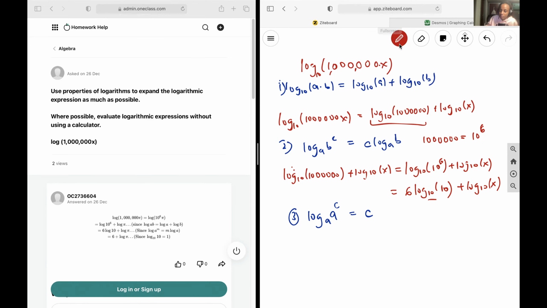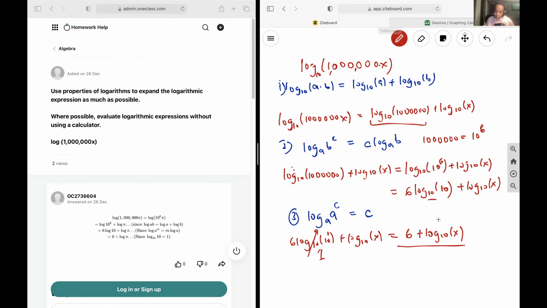And so once we apply that, we get 6 log 10 plus log 10x. c is going to be 1 in this case, so this will all become 1. So it's 6 times 1, which is just 6, plus log 10x.